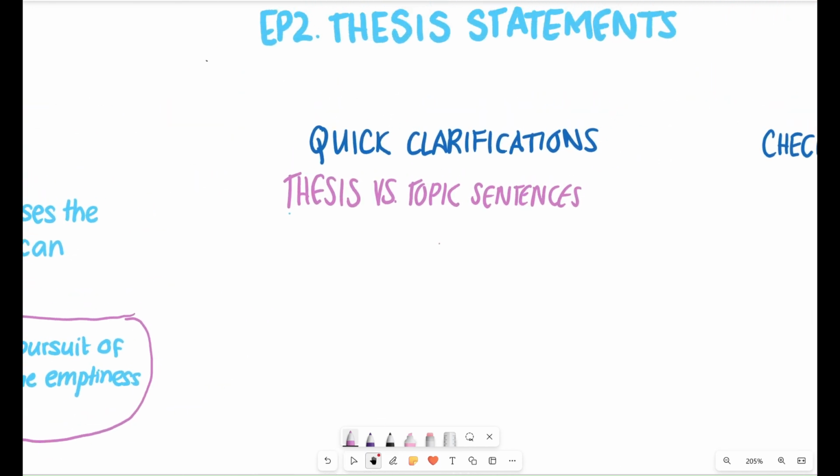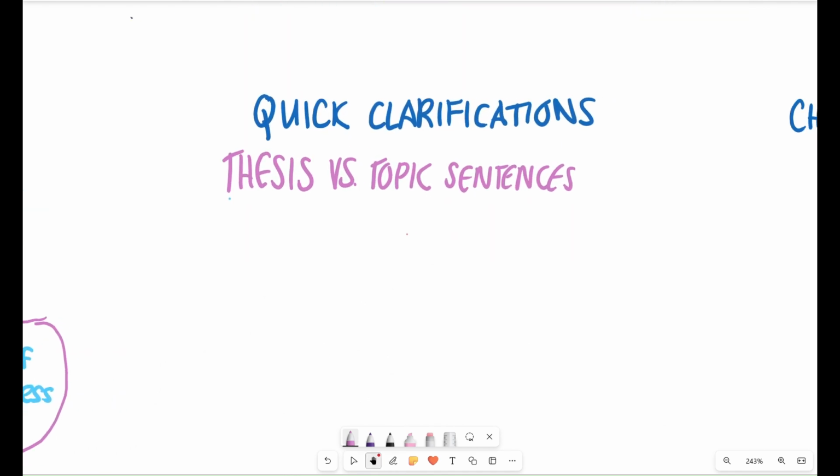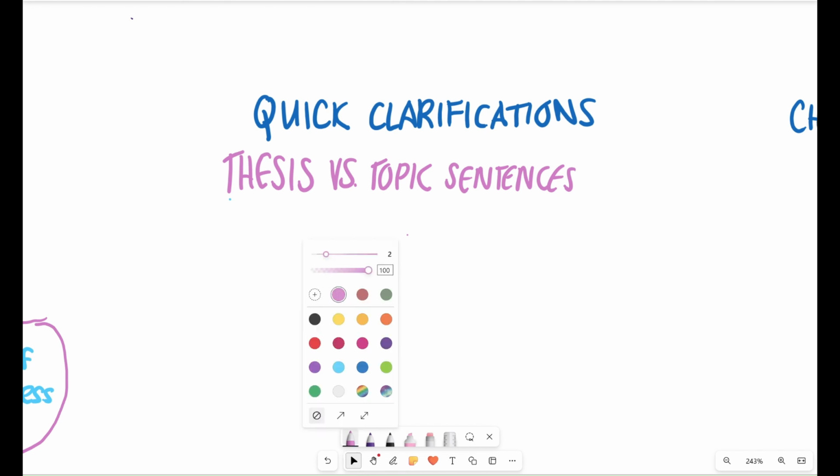A thesis is basically your main argument for an essay. It is essentially the backbone of any good level 6, level 7 essay, and it is usually one of the first sentences you'll see in the intro. I just wanted to quickly clarify the difference between a topic sentence and a thesis statement. Your thesis is your main argument.